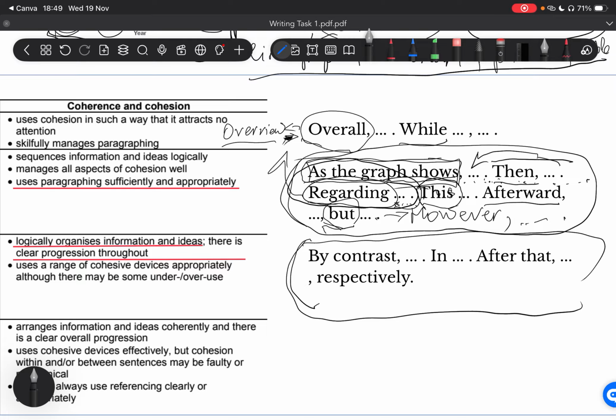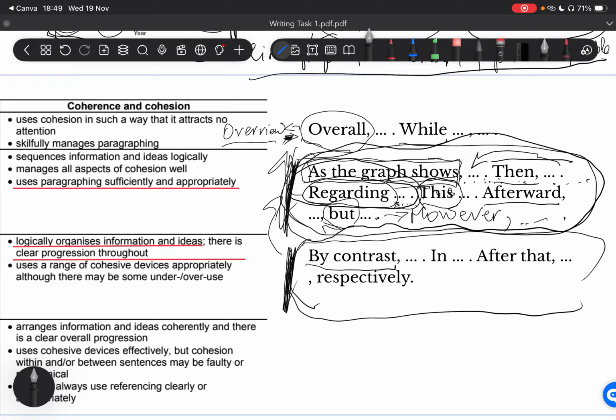So as you can see, we started with by contrast. So what does it tell us? That it tells us that you wrote about one category of things in your first main body, and in the second main body, you try to write the opposite of what you wrote in here.